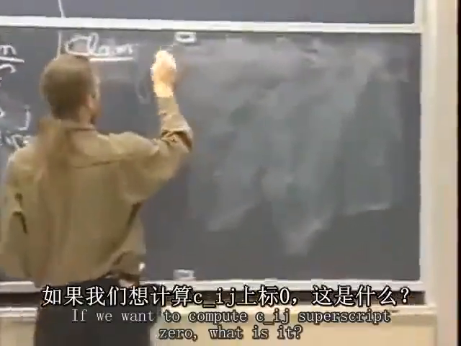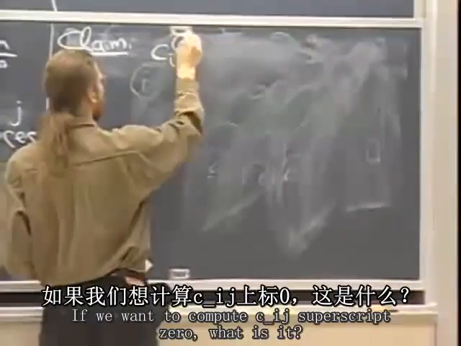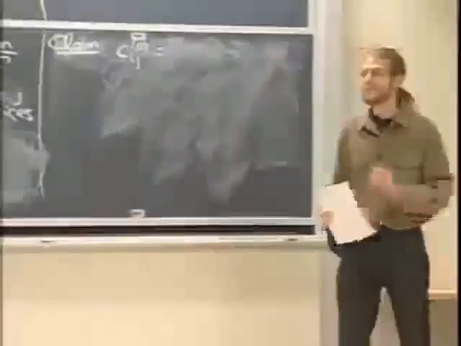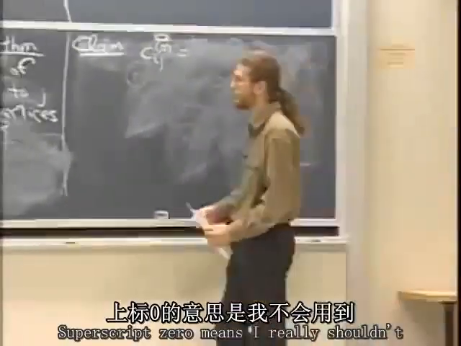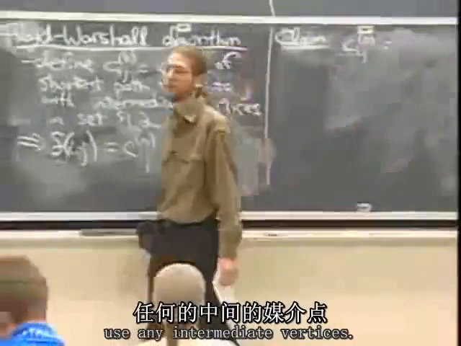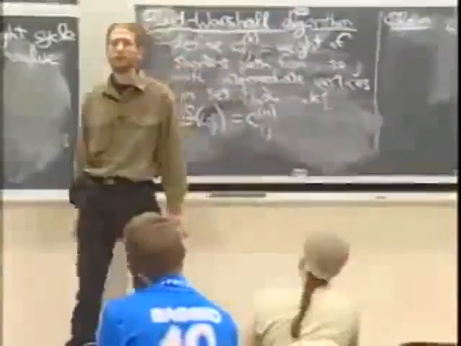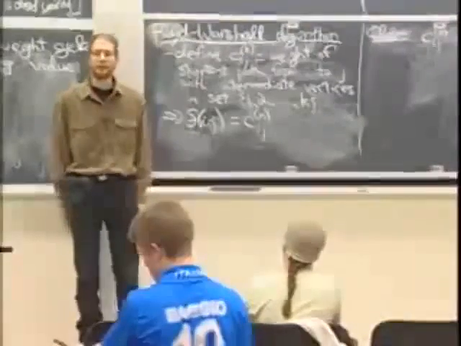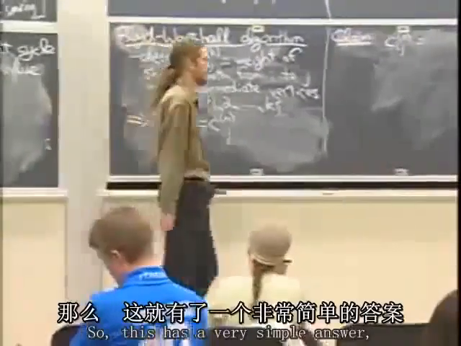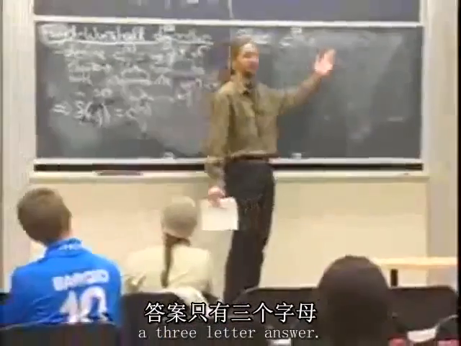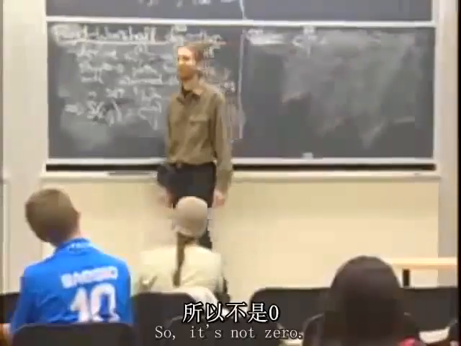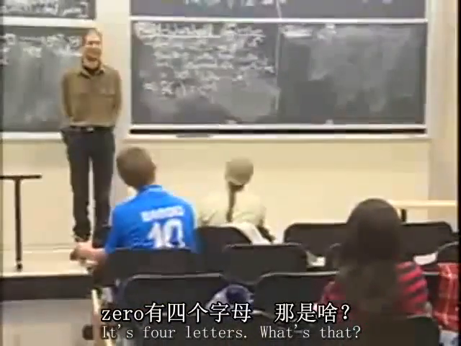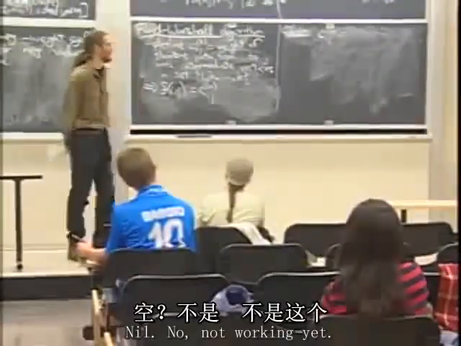If we want to compute Cij superscript 0, that is, what is it? Superscript 0 means I really shouldn't use any intermediate vertices. So this has a very simple answer, a 3-letter answer. So it's not 0. It's 4 letters. What's that? No. Nil.